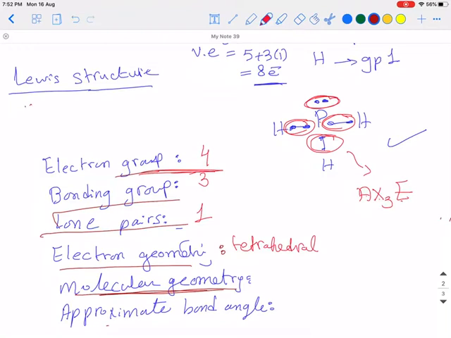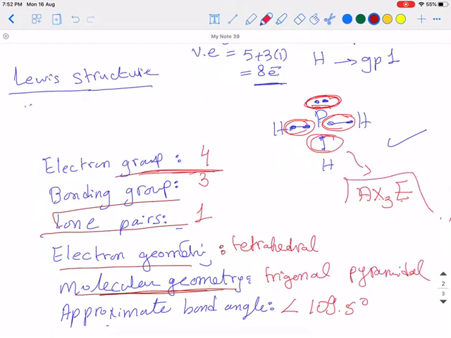But according to molecular geometry, as we said, here the bond that was in CH4 is replaced by a lone pair, which has more effect. So it squeezes the bonds more, so the angle will be less than 109.5 degrees, because it's not exactly like CH4 as if surrounded by 4 bonds, and the molecular geometry will be trigonal pyramidal.